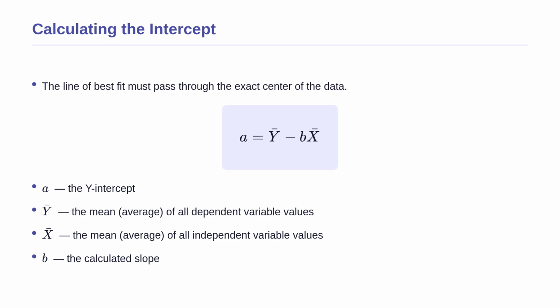X bar represents the mean of all our independent variable values. The letter B is the slope we just calculated. This formula is essentially saying that to find our starting point, we take the average y value and subtract the effect of the slope multiplied by the average x value. If the average y increases, the intercept shifts upward, moving the entire line higher on the graph.